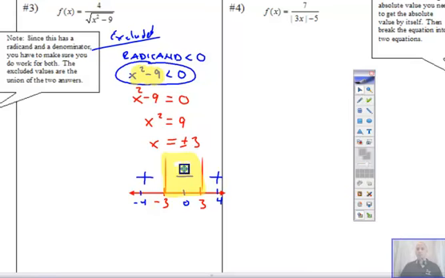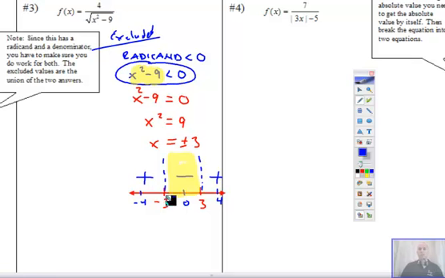And I want to go back a second, something I wish I had done here. These vertical segments that I have here, I want to use dash segments, not solid. Here's the reason. A dash segment means that it doesn't include that number. This says less than. It doesn't say equal to. It just says less than.